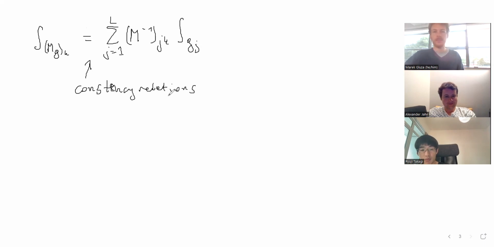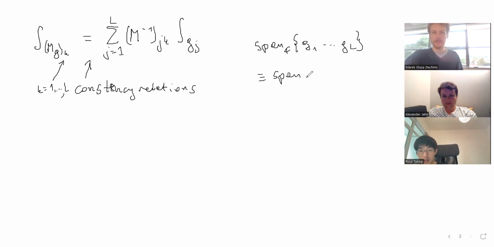It's a system of consistency relations because we have to have some consistency relation for all k from 1 until L. Okay, and the second thing is why we want them is because the span of G1 until GL is the same vector space as the span of those transformed generators.